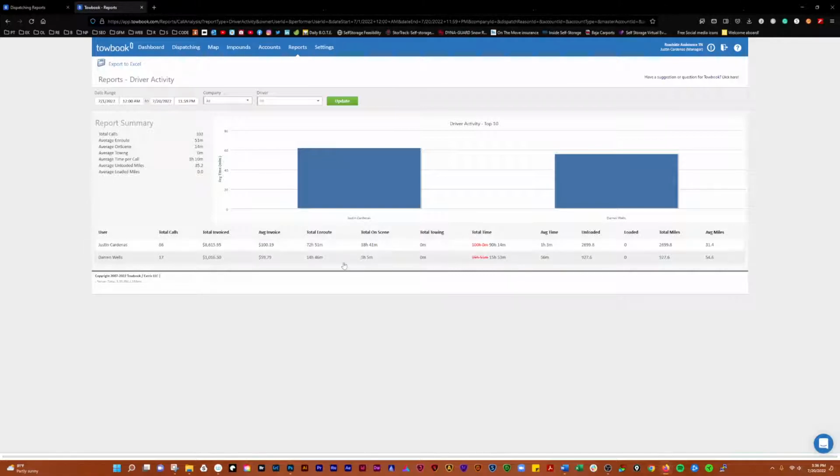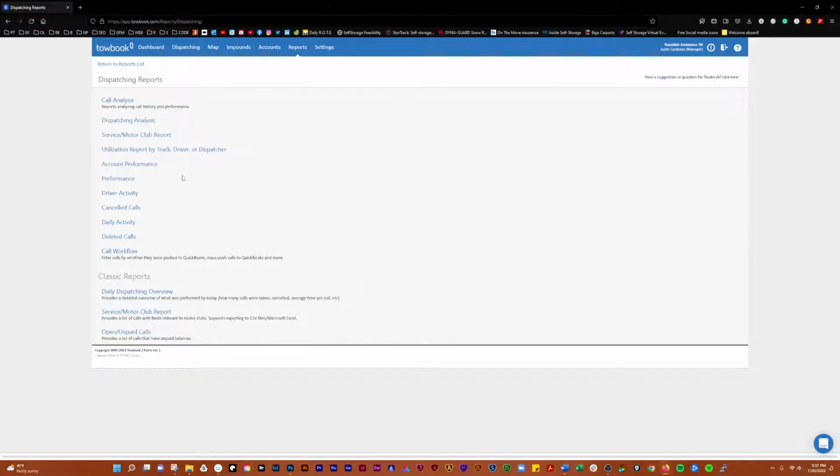Also, they can double their total en route time and add their total on scene time and know how many hours they've worked, if you want to help them break it down like that. So they can get an overview of what they're doing and how they're performing, and then they can try to figure out what areas they may be doing not as good in, or some areas that they're doing really good in that they need to keep up, and try to tighten it up and make more money for themselves.